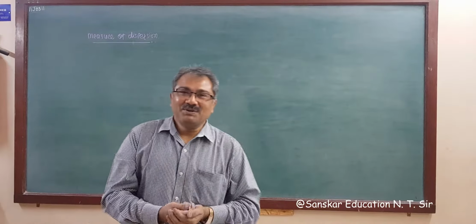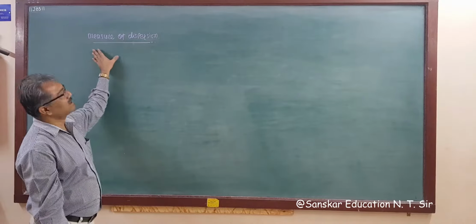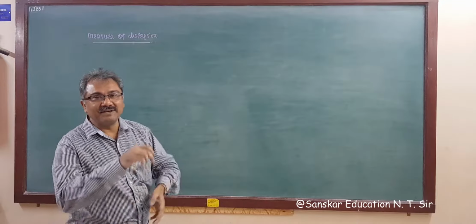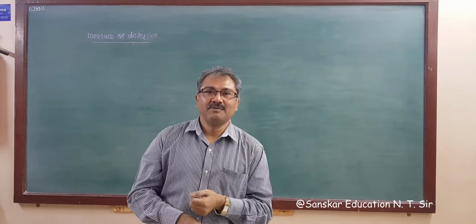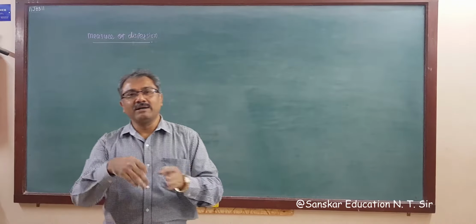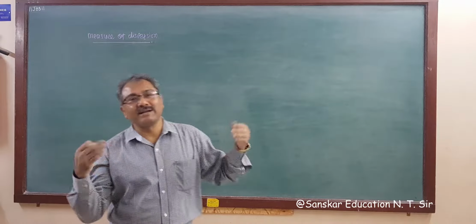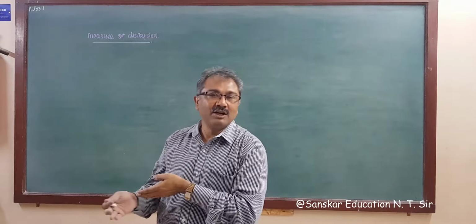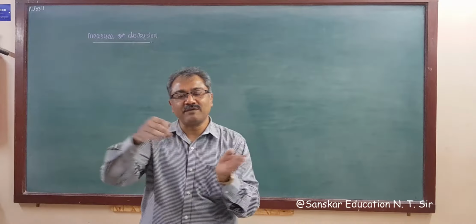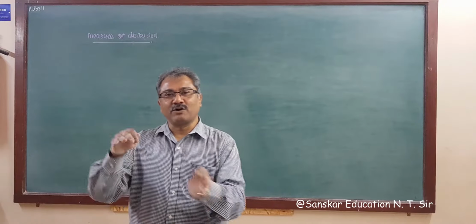Good morning. Today we are going to learn about measure of dispersion, and we will discuss why measure of dispersion is required. In an earlier video we learned about the measures of central tendency, that is mean, median, and mode, and we saw the different formulas for different types of data, that is ungrouped data and grouped data.